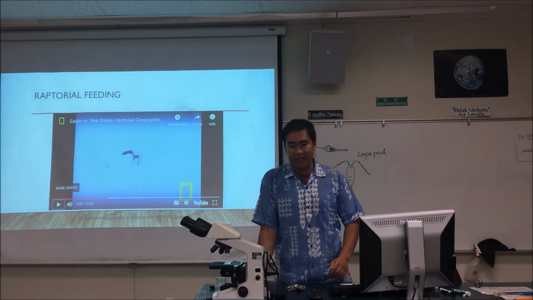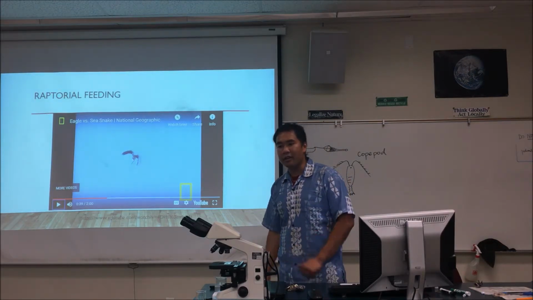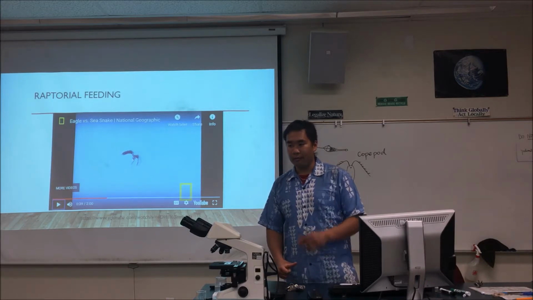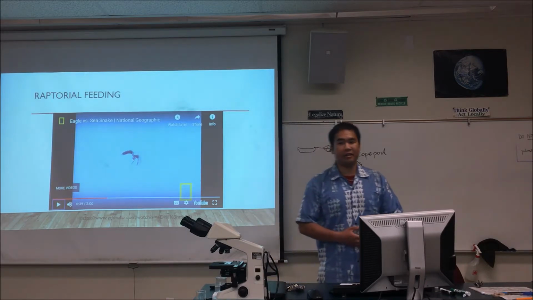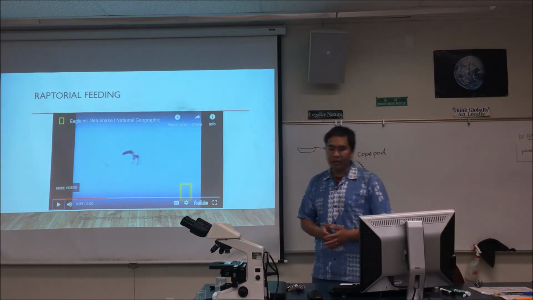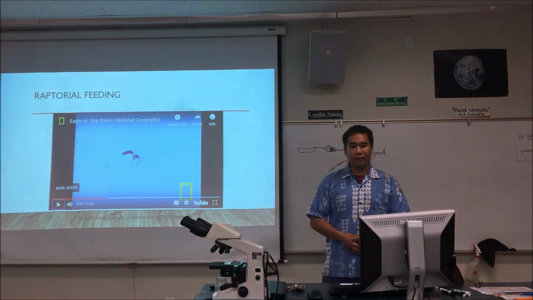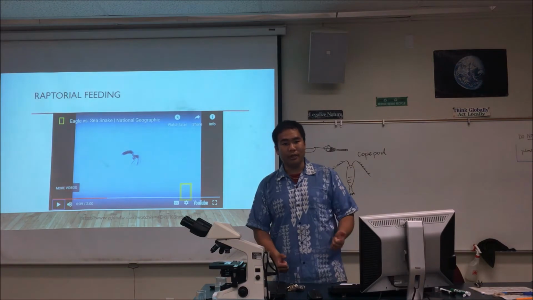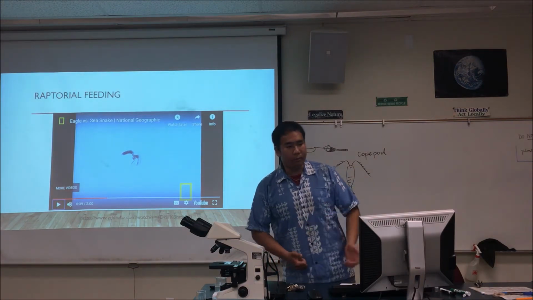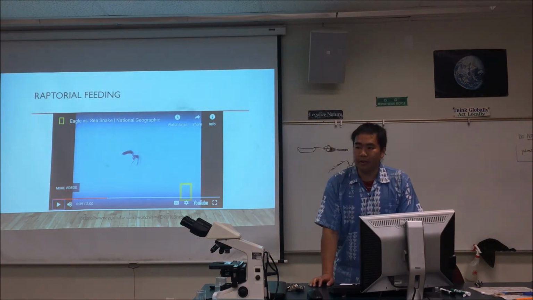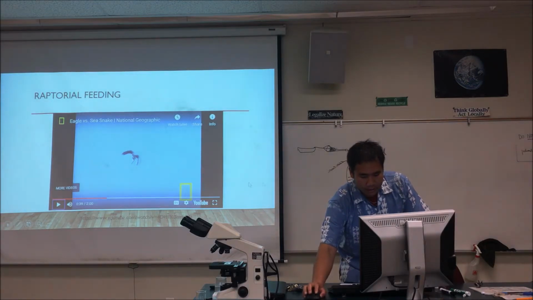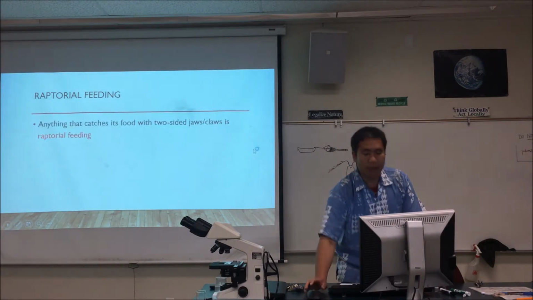Oh, it does have the calcareous eggs, but what enables it to fly? What else? What was the most important one? Warm blood, right? Okay, here we have a warm-blooded animal versus a cold-blooded animal, and the warm-blooded one is capable of flight. Okay, so that was just an example of raptorial feeding.